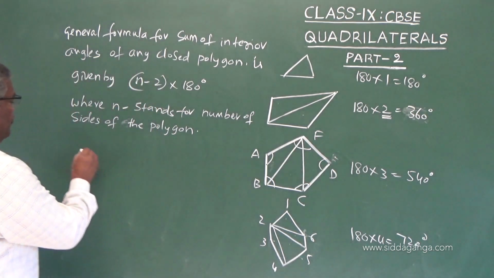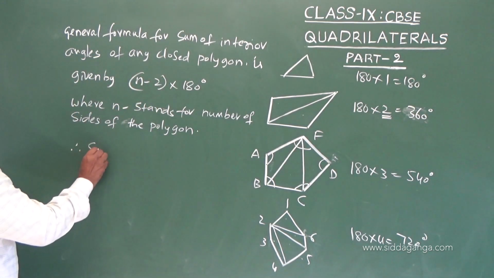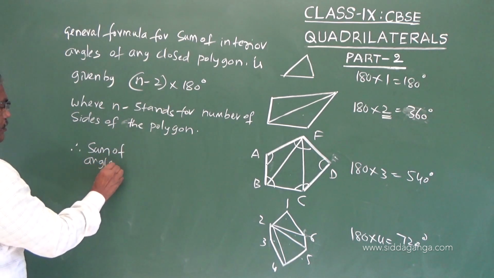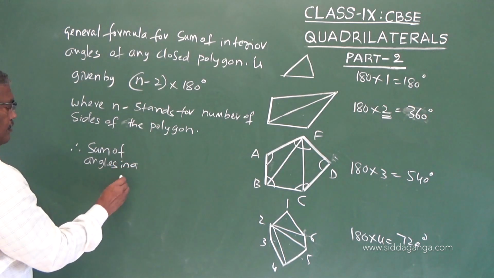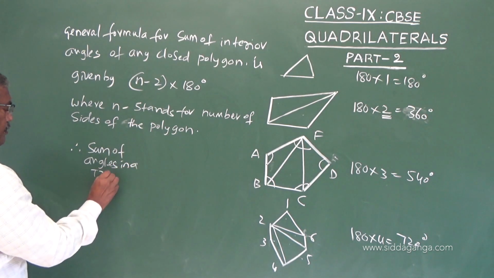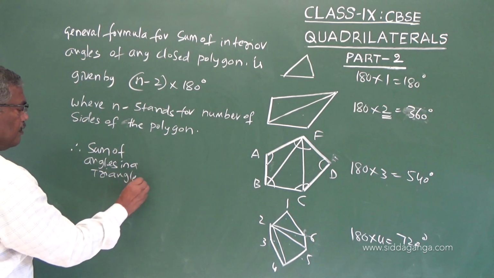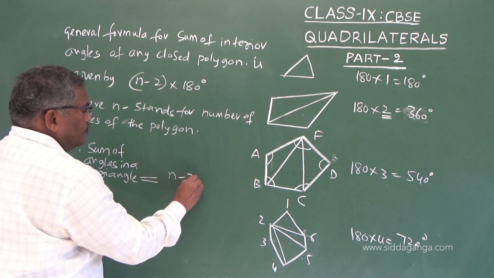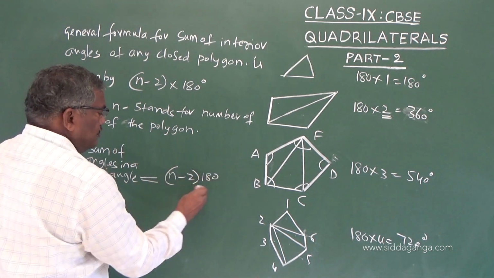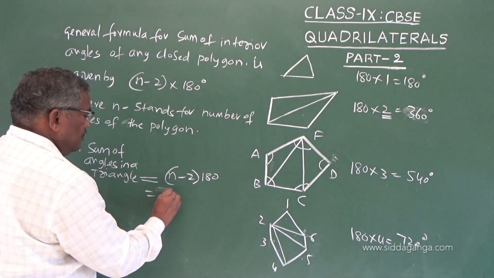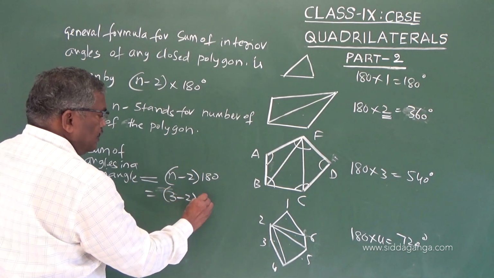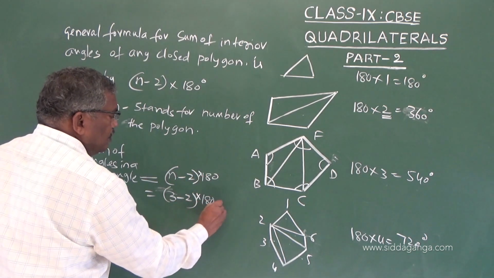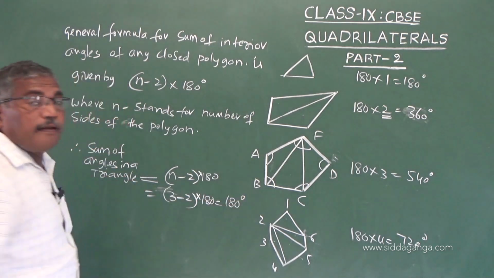So therefore, the sum of angles in a triangle equals n minus 2 into 180, that equals 3 minus 2 into 180, equals 180 degree.